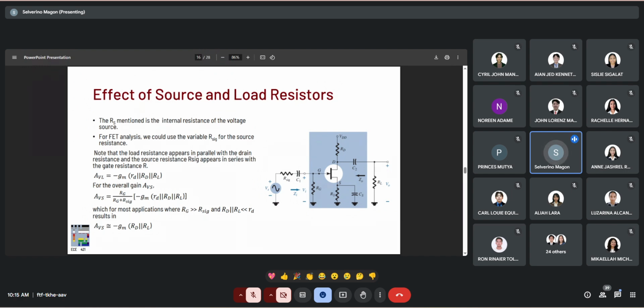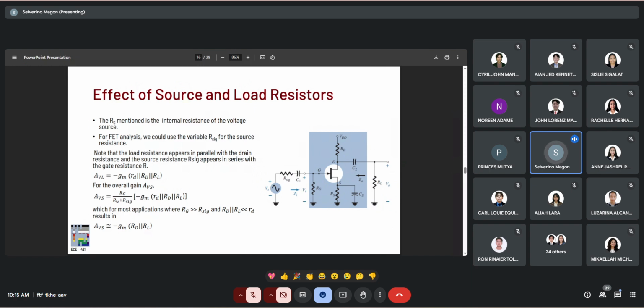For FET naman, use the variable R sig for the source resistance. Take note that the load resistance appears in parallel with the drain resistance.